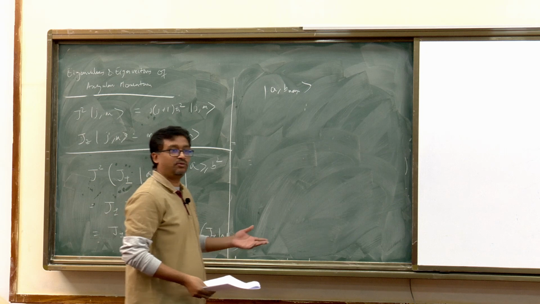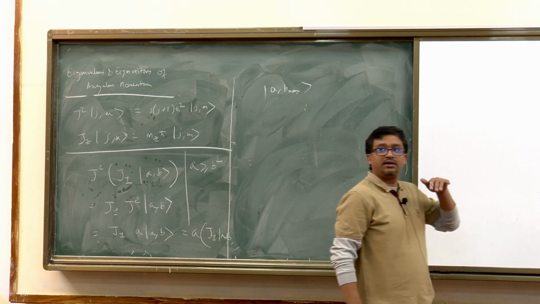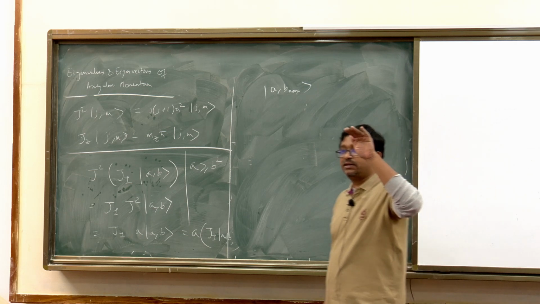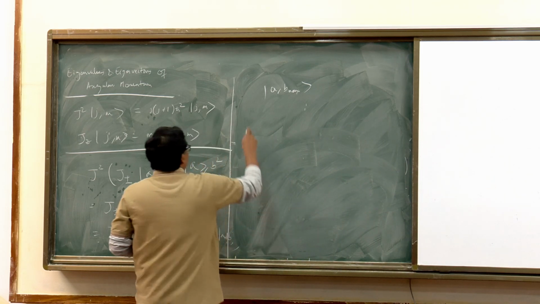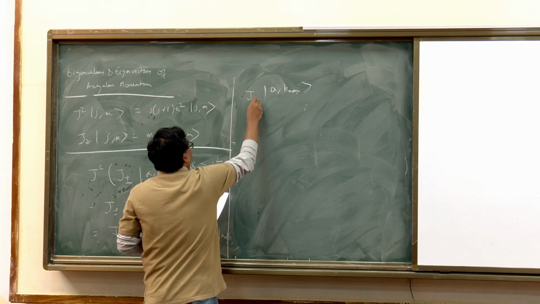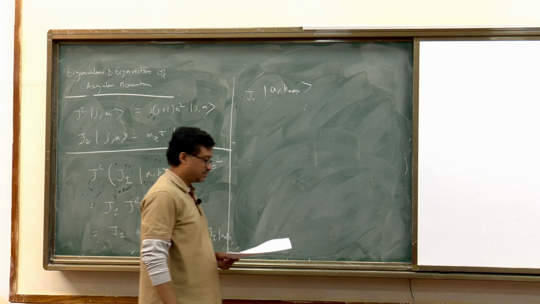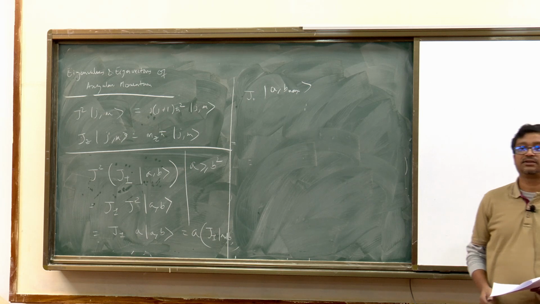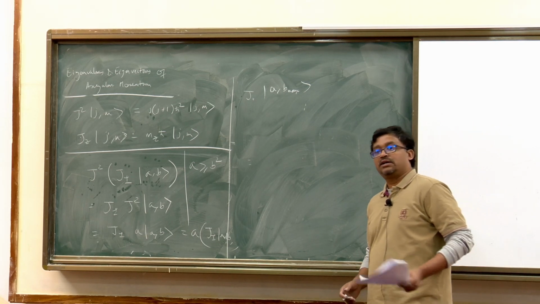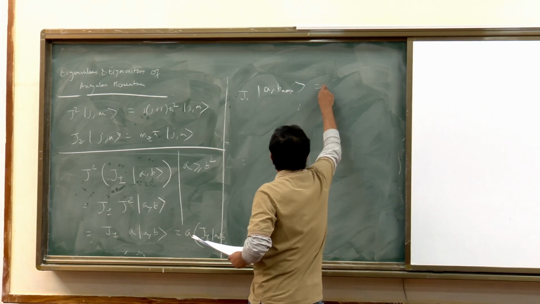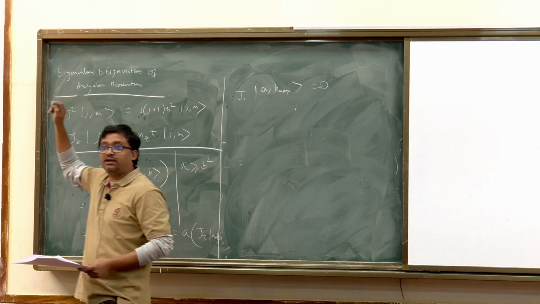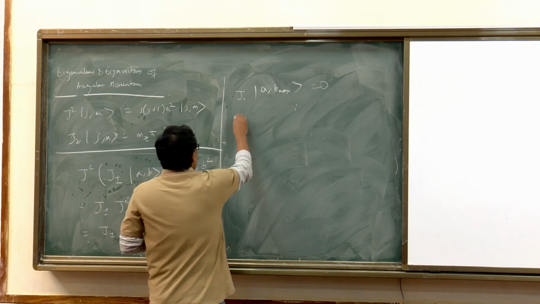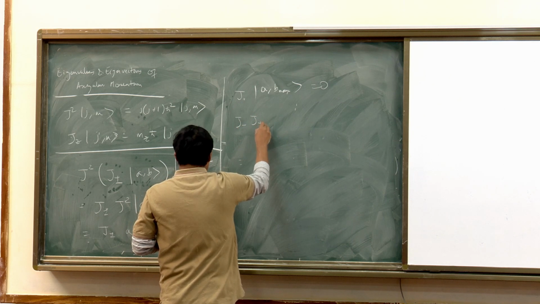You have some B, you keep on operating with ladder operators, at some point you hit a maximum. Now, if I operate with j plus on that, what should we get? Exactly. You should get 0. There is no state beyond that, and anything operating on 0 would also be 0.